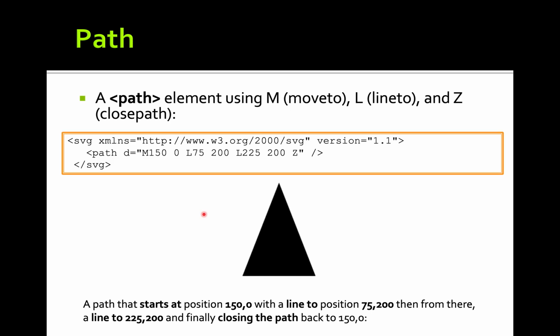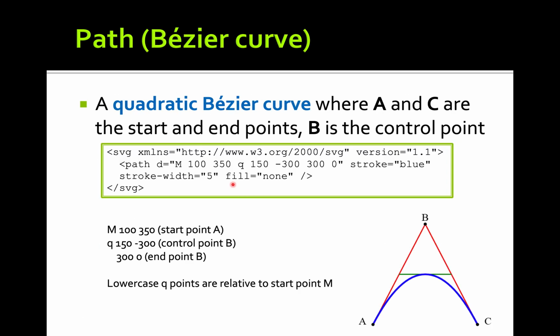First of all, we are telling that we are going to move to that particular specific point. Then we are saying that it's a quadratic Bézier curve: 150, 300 and 300, 0. So 150, 300 is the control point, and 300, 0 is the end point.